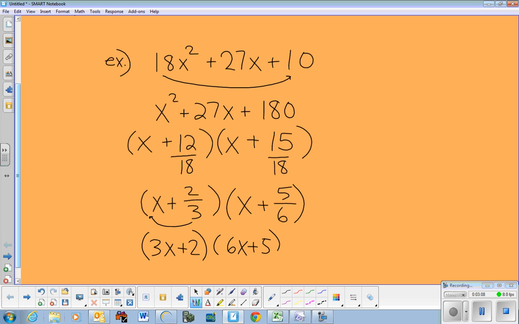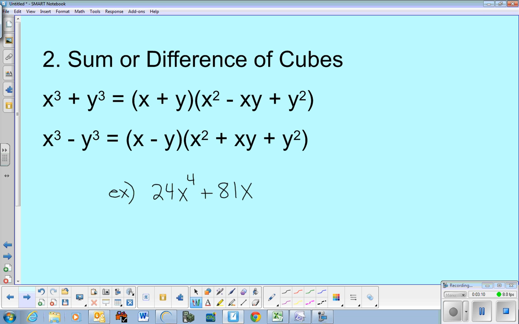So there's example 1. Next, so far you should know that you can factor a difference of squares. We can factor x squared minus y squared and get x plus y, x minus y. If the powers are odd, and we're just going to do cubes today, but with 5, 7, 9, etc., you can do a sum or a difference.